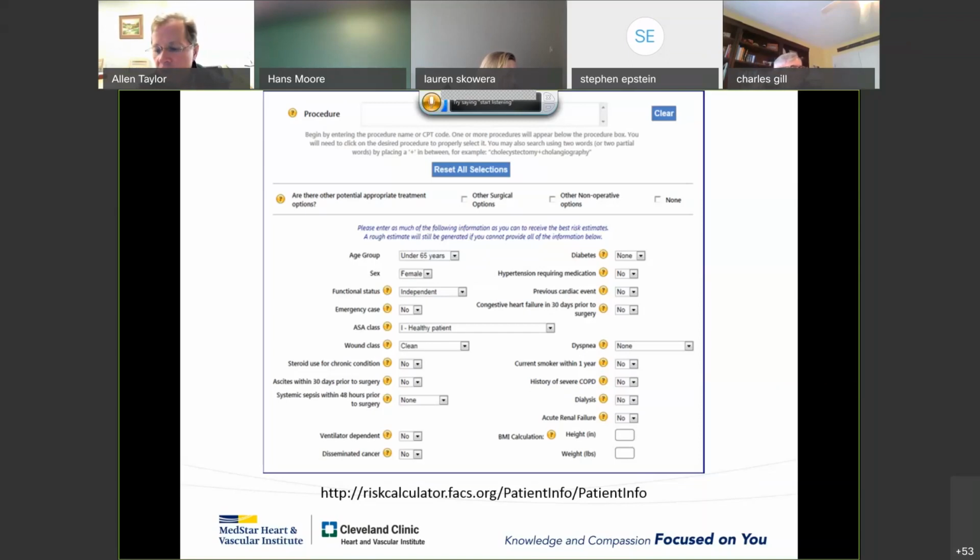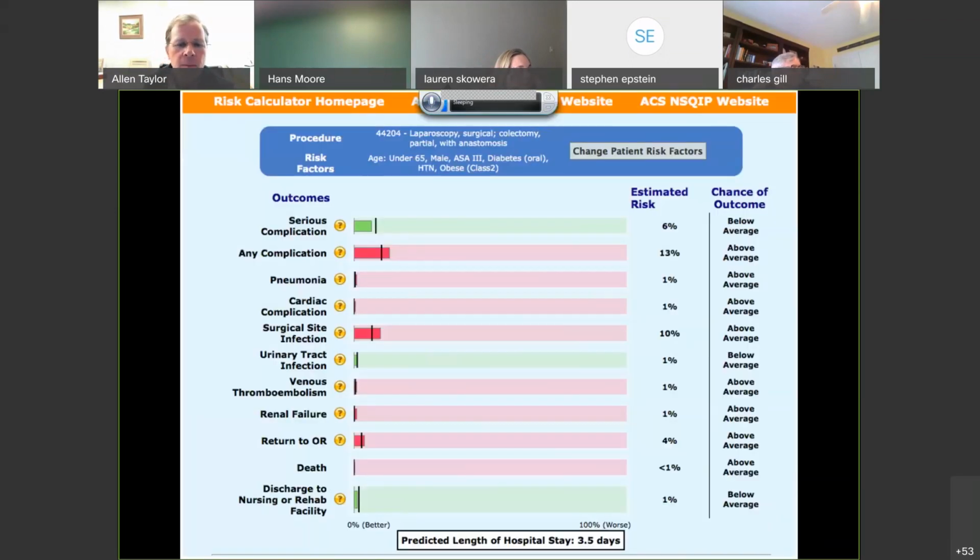That's one of the strengths of having over 1 million surgeries that inform this. And then you enter all the risk factors as shown here, which overlap quite a bit with the RCRI, but go well beyond the RCRI. And it comes out with output that looks like this. And so this is a patient, you see in the blue at the top, a patient undergoing surgical laparoscopy with colectomy and anastomosis.